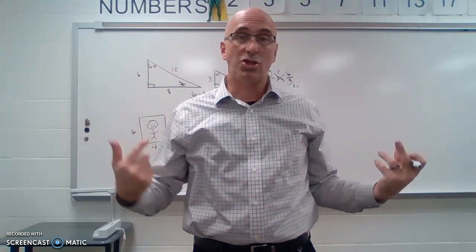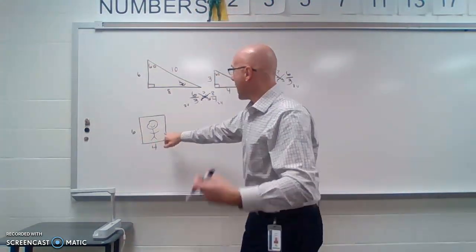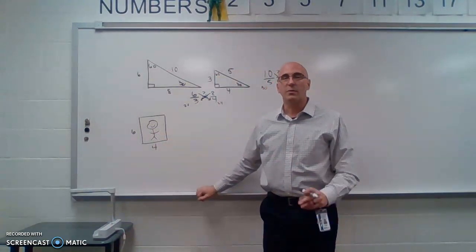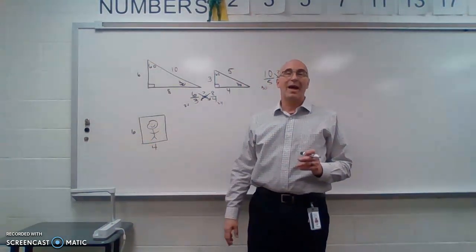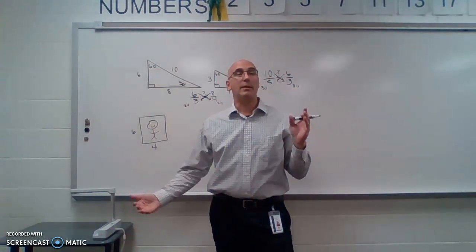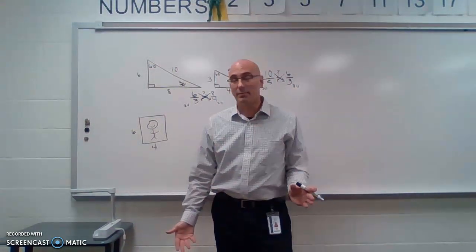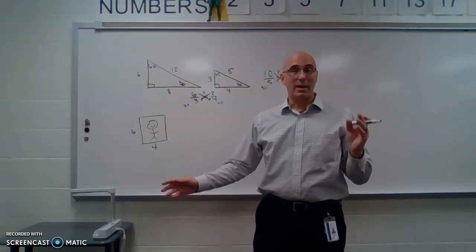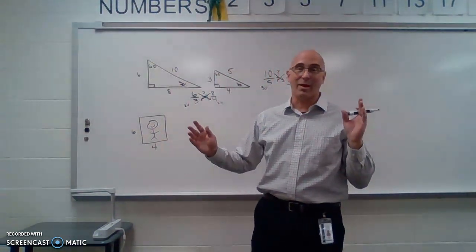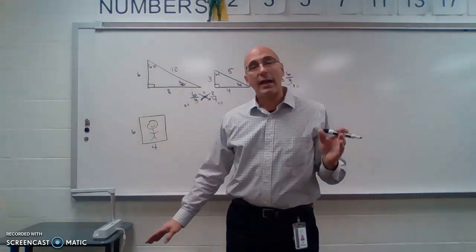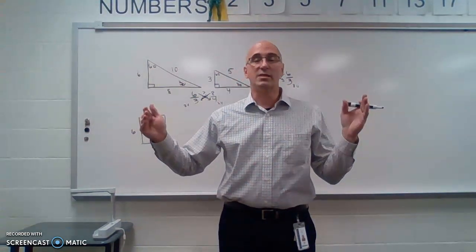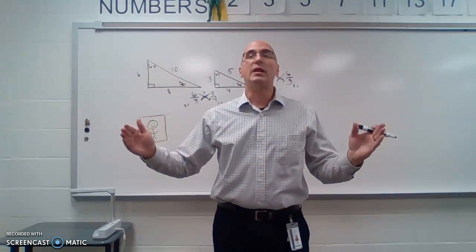So say I had a wonderful picture of me here, and I had a 4 by 6 picture. And I wanted to make a big banner for my door. Who wouldn't want a big banner picture of me on my classroom door? So say I know that my door was 30 inches wide.